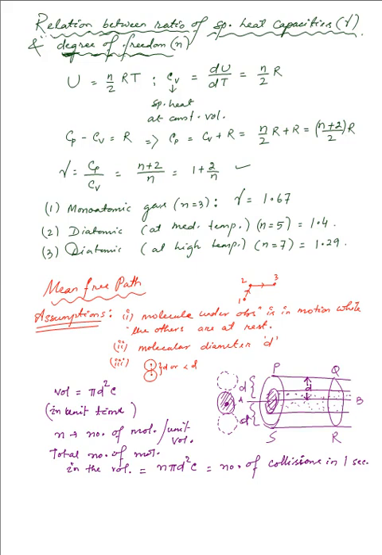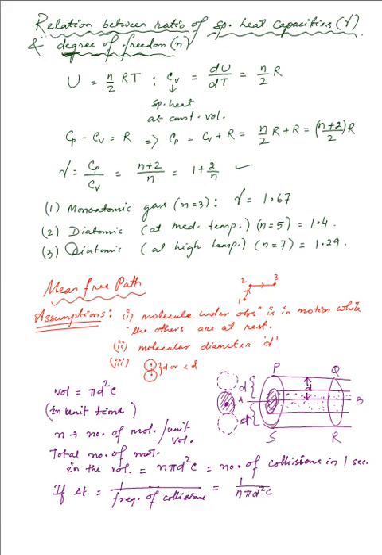Now with that many collisions, if del t is the time period of collision, then the interval between two successive collisions on an average will be equal to 1 over the frequency of collisions. So that will be equal to 1 over the total number of collisions taking place in 1 second, that is 1 over n pi d square c.